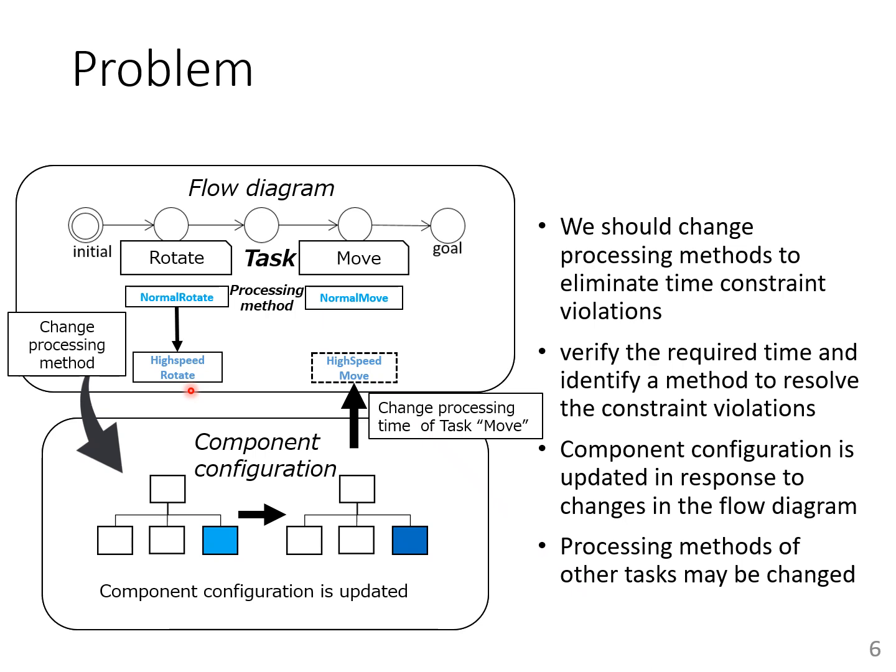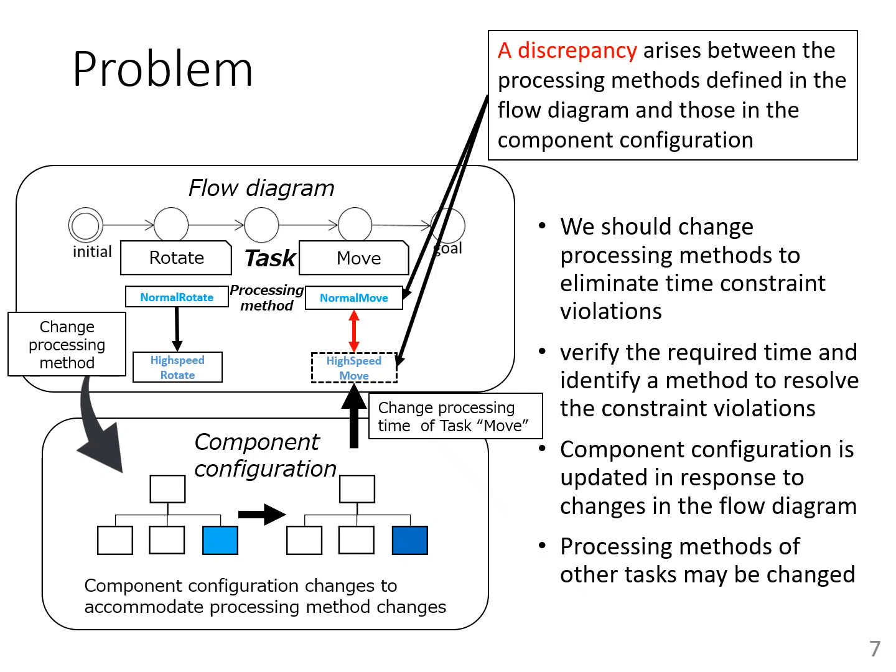Consequently, the processing method for the task move is changed to high-speed mode. As a result, a discrepancy arises between the processing method defined in the flow diagram and those in the component configuration. So we need to solve this problem.